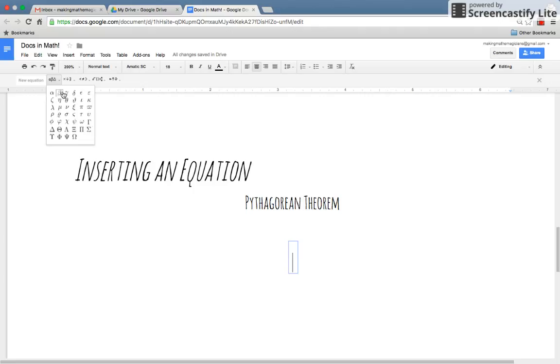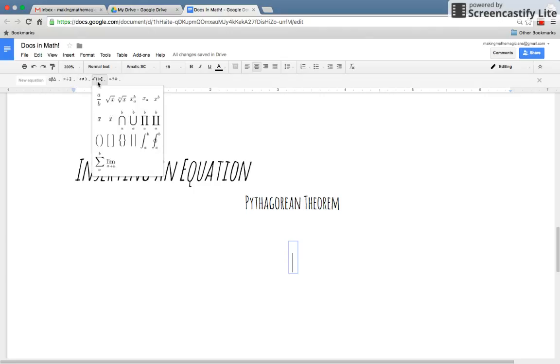I've got my delta. I've got additional symbols that I might want to use. I've got some inequality structures here. I have some more formatting things, like if I want to insert a fraction or if I want to do square root. And then I've got arrows.